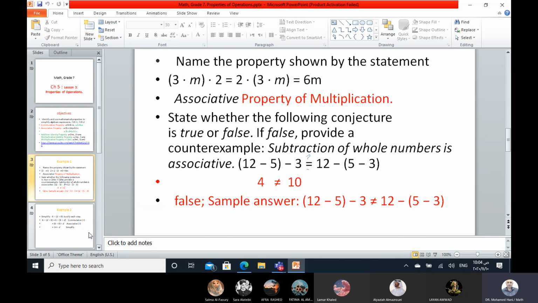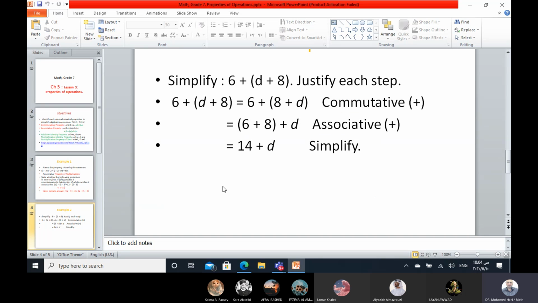The next question: simplify. We have this expression here, 6 plus, between parentheses, d plus 8. Justify each step. Here, as you see, between parentheses we have d and we have 8. D is a variable and 8 is a number. I cannot add a variable to a number.